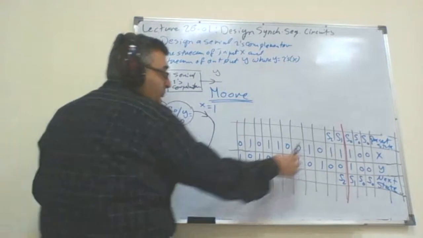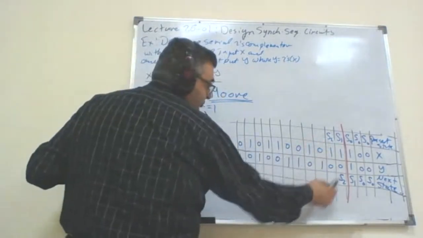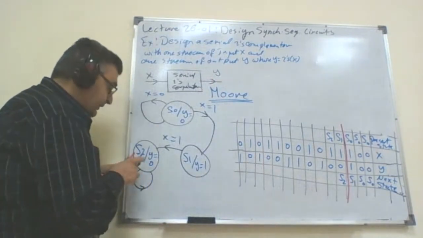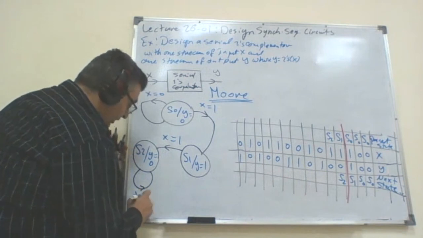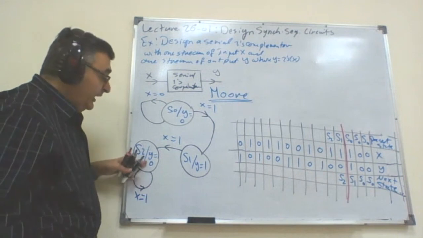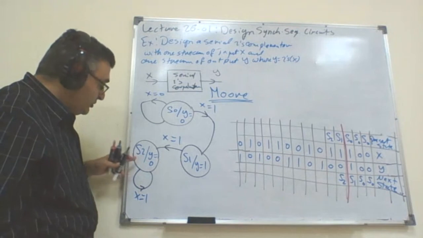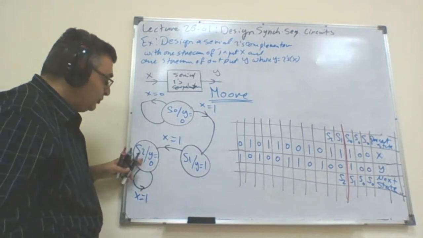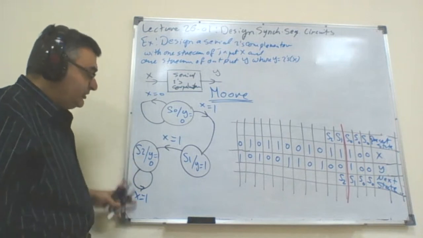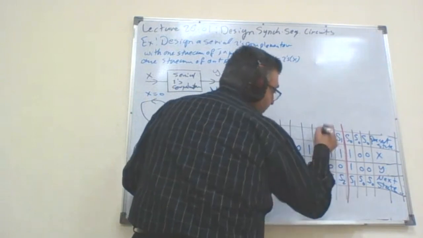So the correct option here, since I am in S2, and I need the output to be 0, when X equals 1, I will stay in S2 and Y will be 0. And even if this is repeated maybe 100 times, as long as I'm receiving X equals 1, I will stay in S2, which is Y equals 0. X1, Y0, X1, Y0. So I will stay in S2.